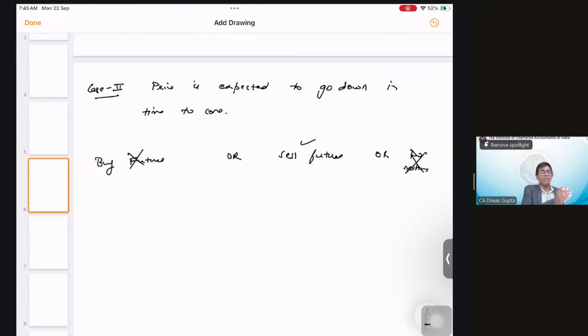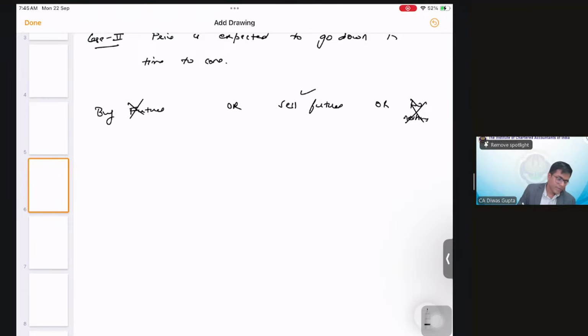Now comes a very, very important part of the discussion, students. Now please hear me out. So buying and selling, these are two different elements, two different parts. Buying we also call as long position.